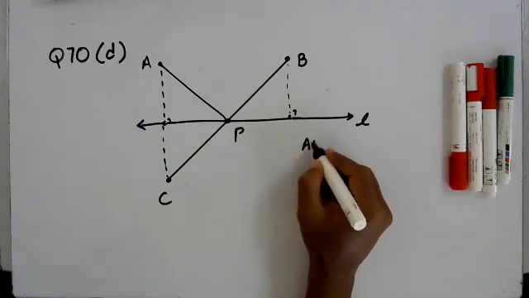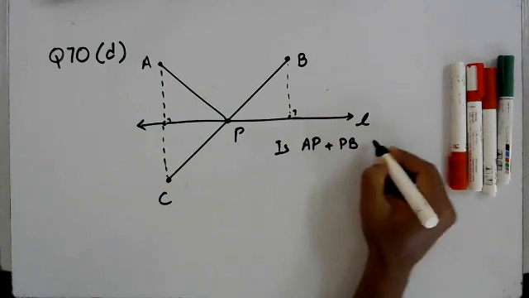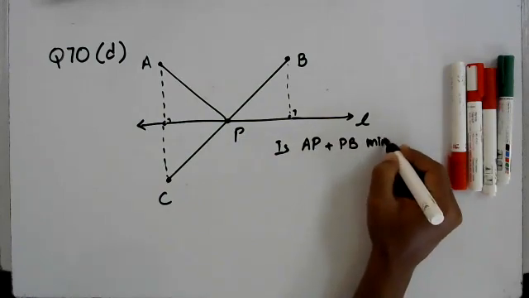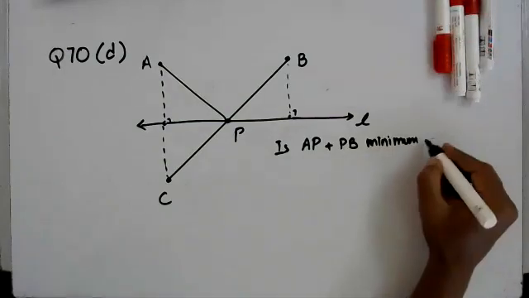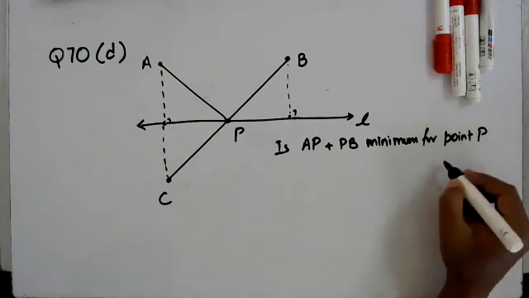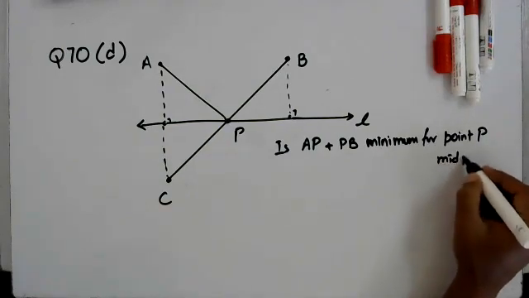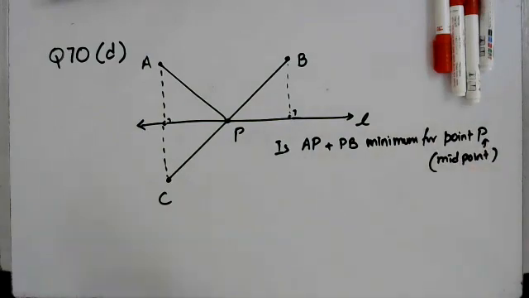Is AP plus PB minimum for point P midpoint? So point P is assumed to be the midpoint.